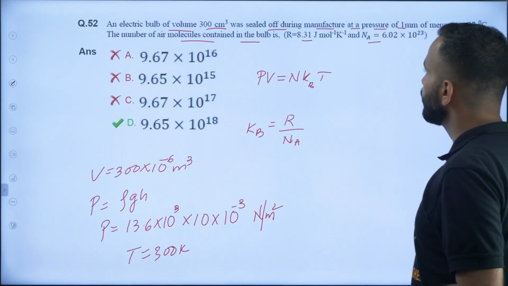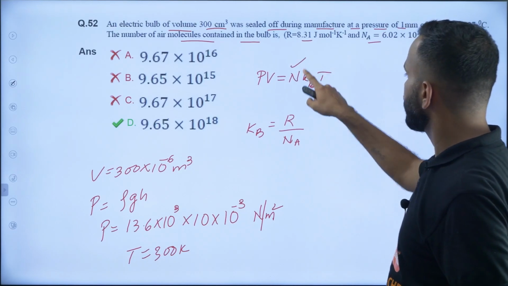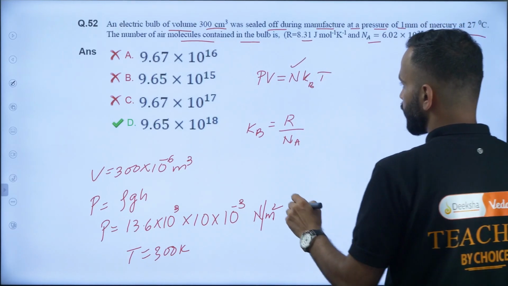So what we need to find? Here we need to find the value of small N, the number of molecules.